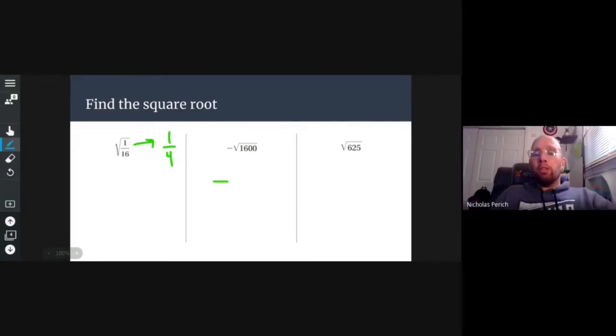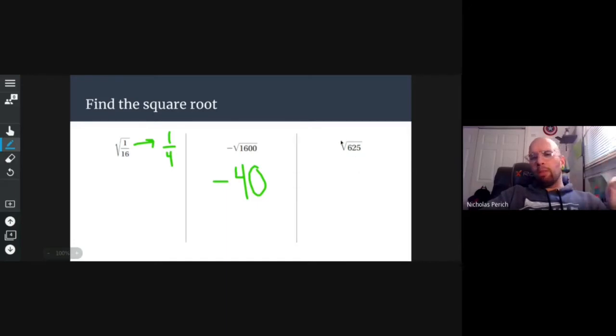That's because the square root of 16 is 4, and the square root of 100 is 10. So it's negative 40. Since the negative lived on the outside, I brought it down with me.